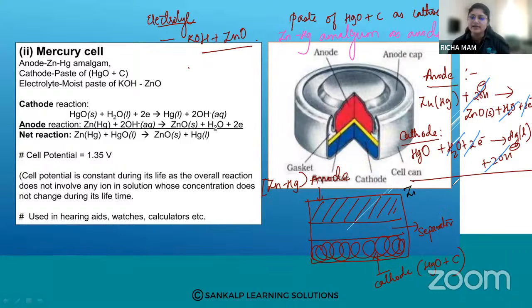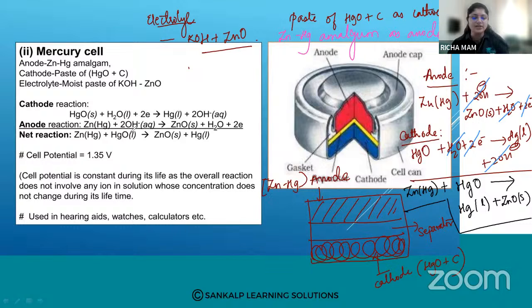So it will be ZnHg plus HgO, giving Hg liquid plus ZnO solid. This is the overall cell reaction.